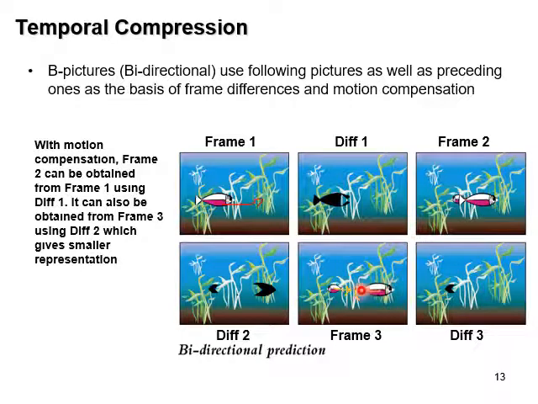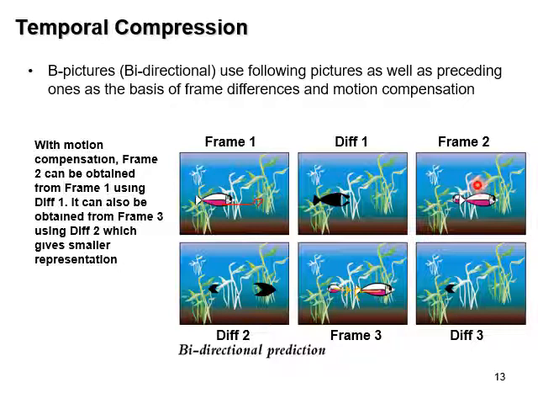Now when this fish goes back and this one goes back, when the small fish goes back a little part will be uncovered, and that needs to be stored from frame number 2. And when the big fish also goes back to get its location in frame number 2, a small part here will be uncovered, and this is what you need to store from frame number 2.